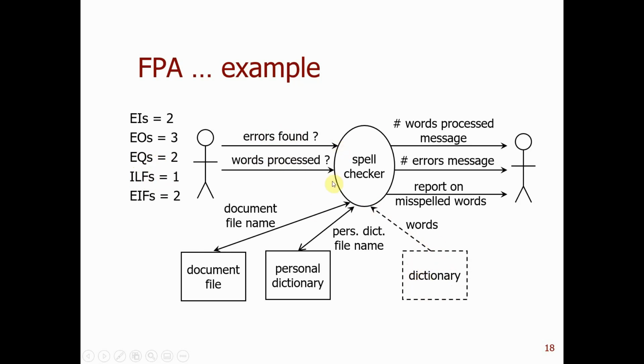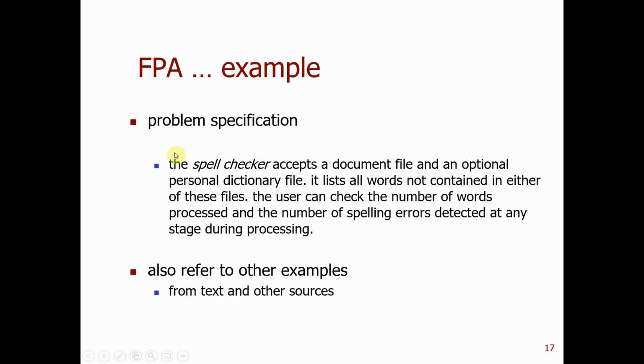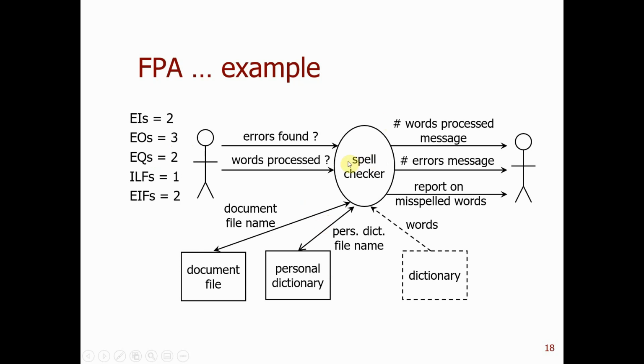So in your exam, you will face a similar problem. I will give you the problem specification, the problem description. I will ask you to draw a similar data diagram, and then from here you identify how many of each domain value.